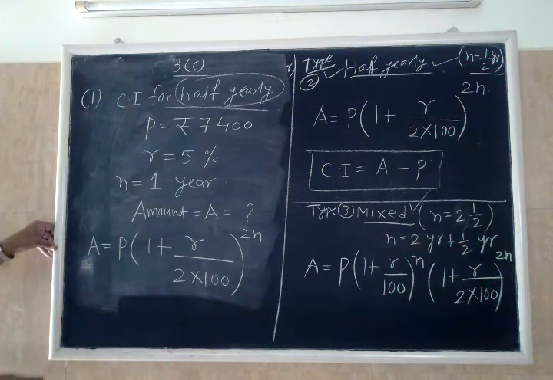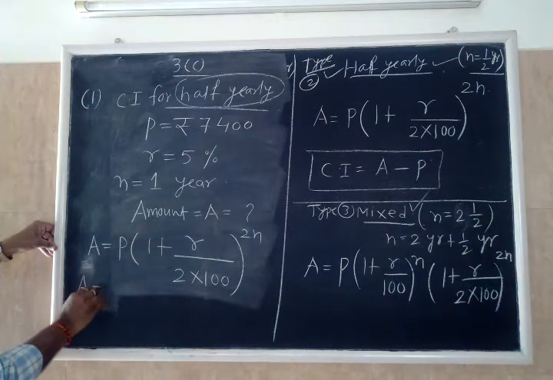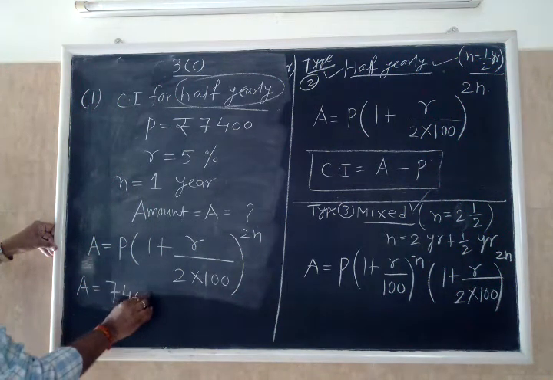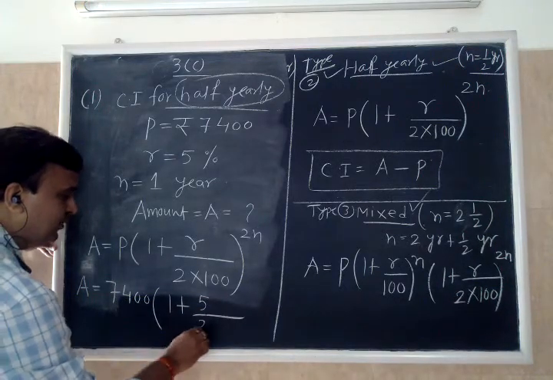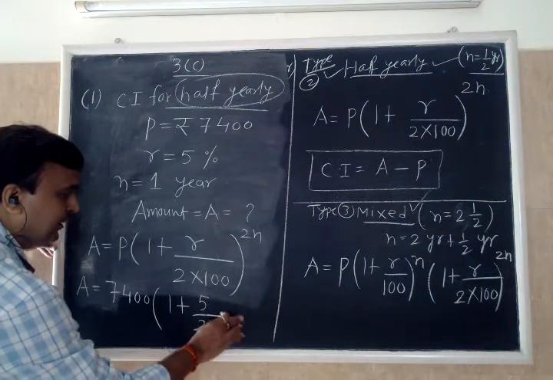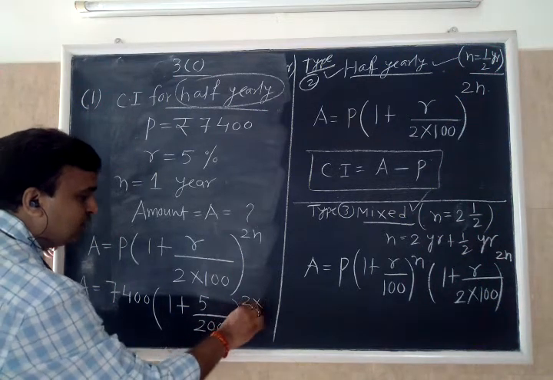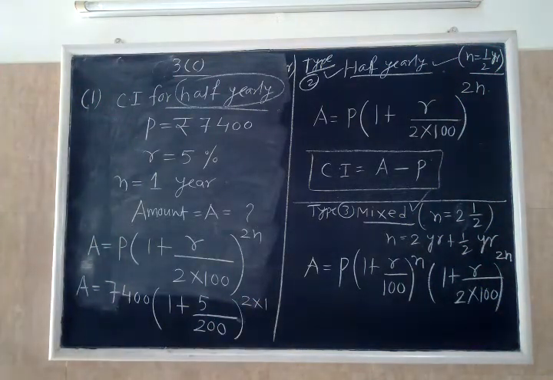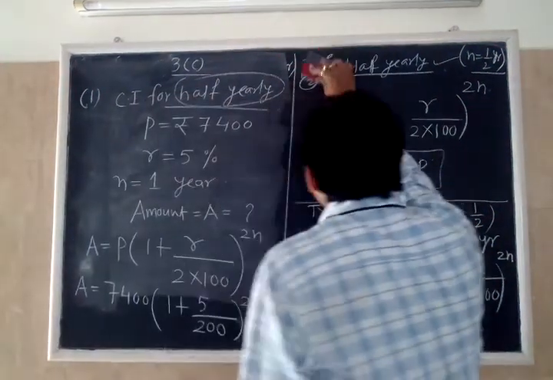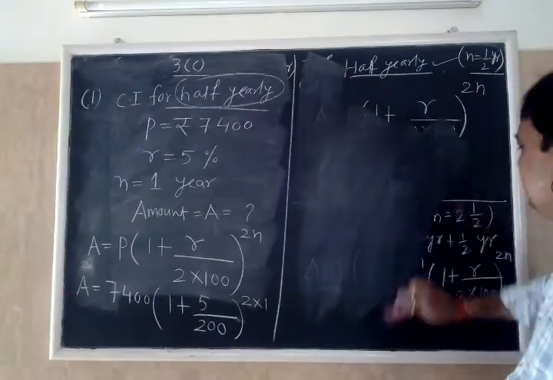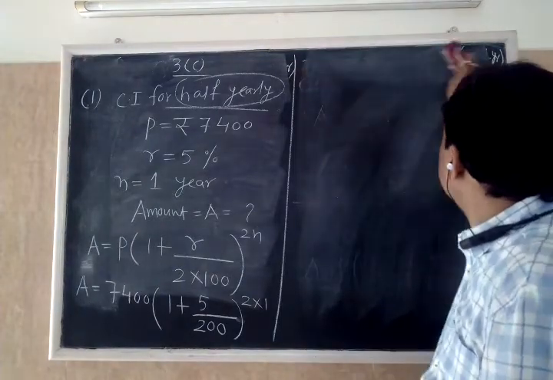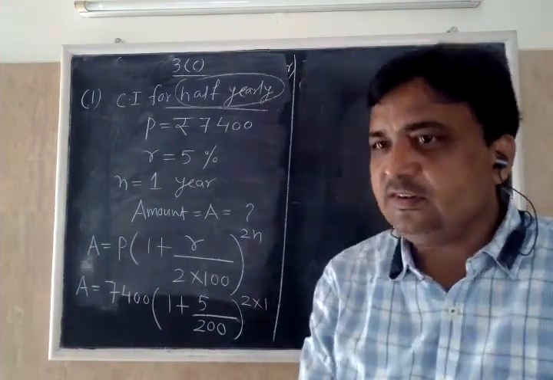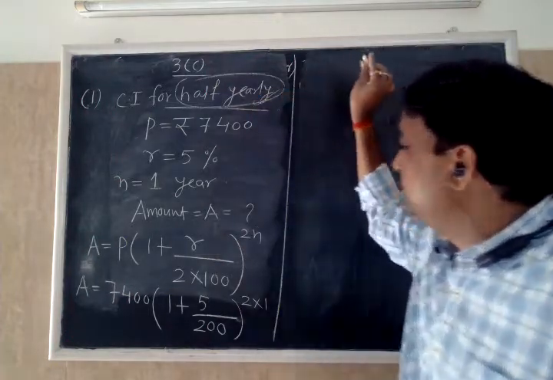So A is equal to 7,400 into 1 plus 5 upon 2 into 100, that is 200, raised to 2n, where n is 1, so 2 into 1. So we have to identify type 1, type 2 or mixed. This is half yearly, type 2.